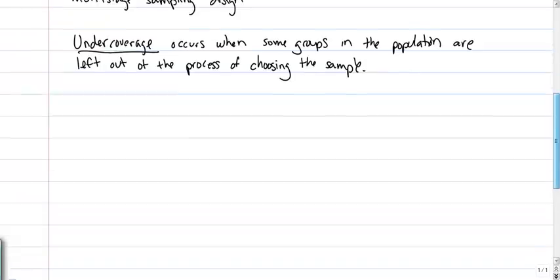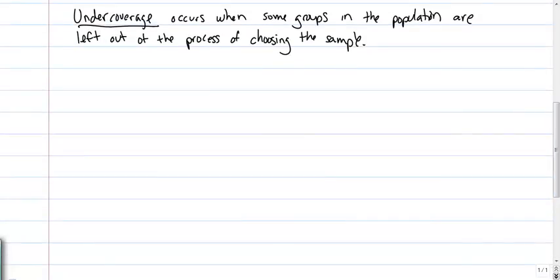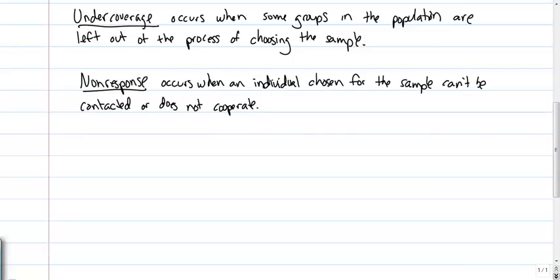You want to make sure that you include as many people in that process of choosing your sample as are in the population. A second thing you need to be careful of is what's called non-response. Non-response occurs when an individual chosen for the sample can't be contacted or does not cooperate.